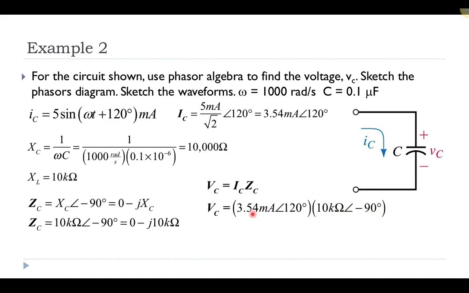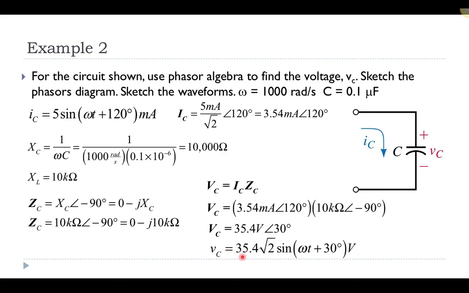I can multiply those quantities together, so 10 kiloohms times 3.54 milliamps gives me 35.4 volts. And when I multiply, I add the angles together, so 120 plus -90 gives me 30 degrees. So the voltage across the capacitor in phasor notation is 35.4 at an angle of 30 degrees.